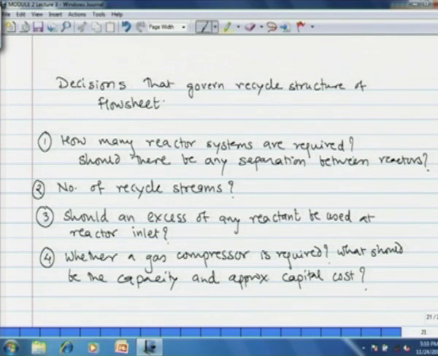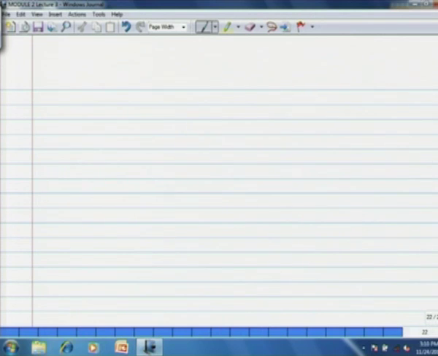Another decision that is indirectly associated with the recycle structure of the flow sheet is the mode of operation of the reactor. Whether the reactor should be operated adiabatically or isothermally.